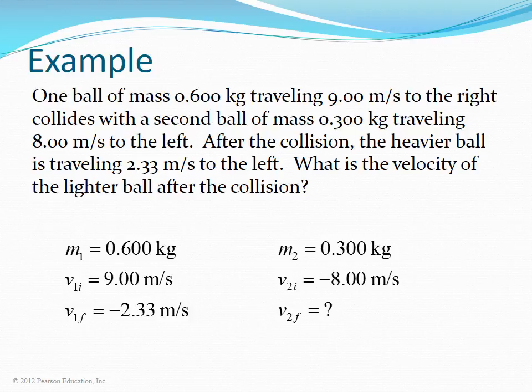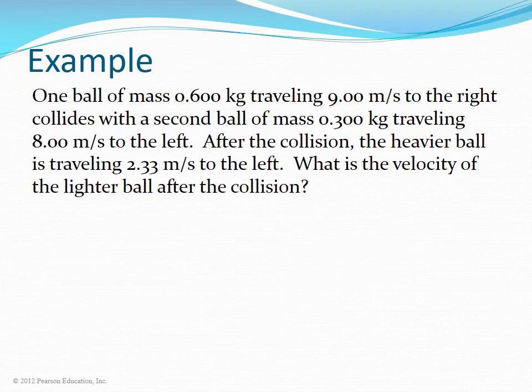We write down what we know: the masses of both objects, the initial velocities of both objects, and the final velocity of the heavier ball. The final velocity of the lighter ball is not known. Since the momentum before must be equal to the momentum after the interaction, we sum the momentum before and after the interaction.